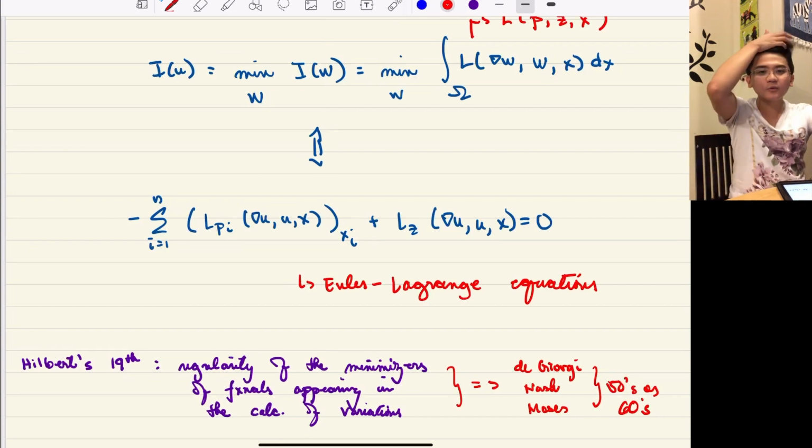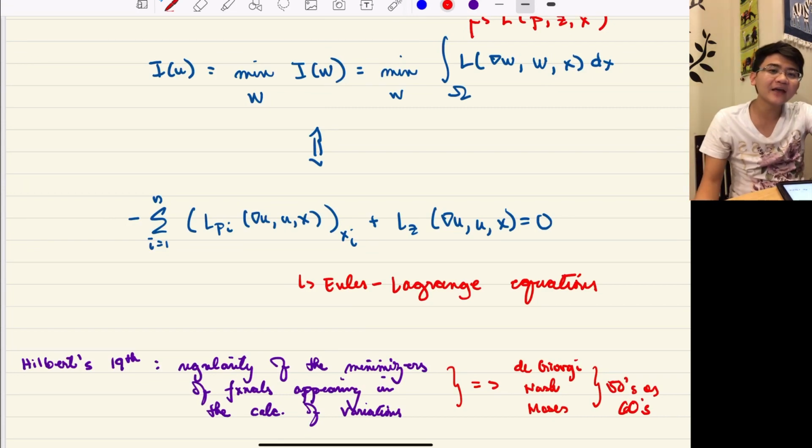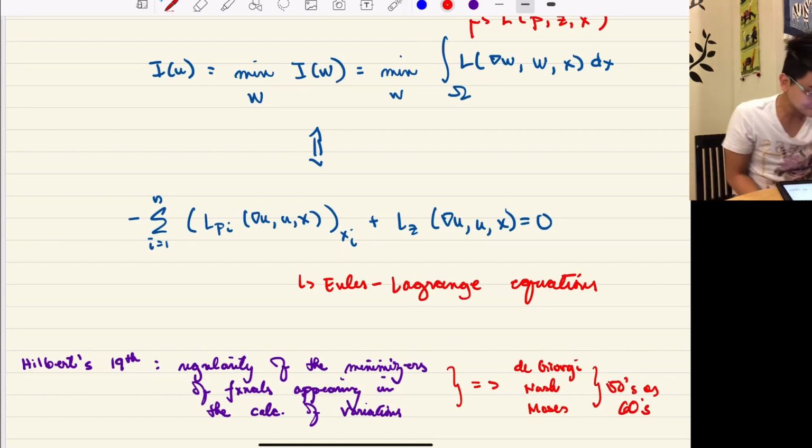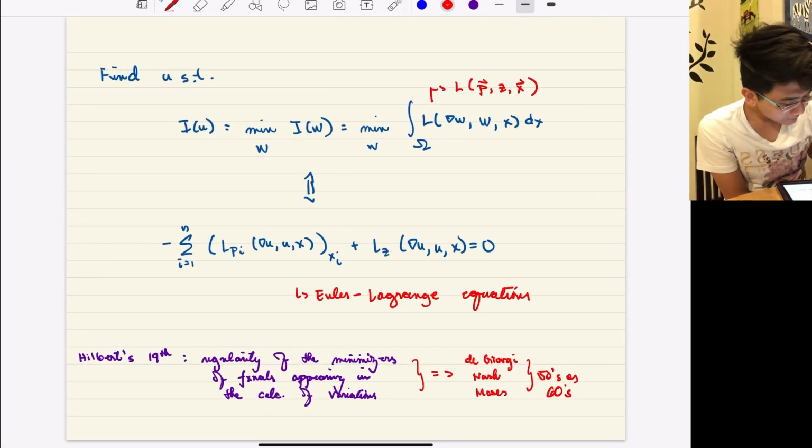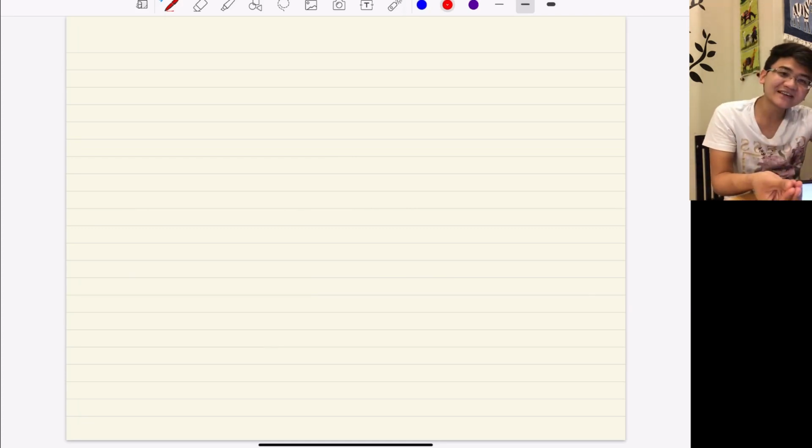Hopefully the discussion will lead into how we solve Hilbert's 19th problem. Now let's look at weak solutions, because that is really what we're going to be looking into. It's fairly easy to show that weak solutions exist, and then we put in the work to show that these solutions are better.